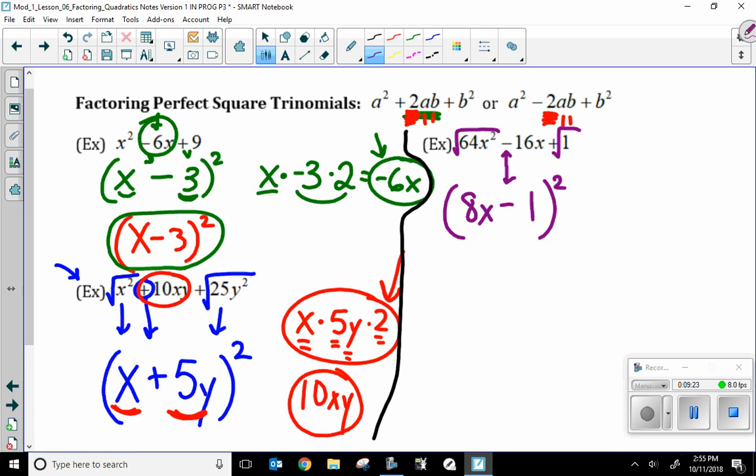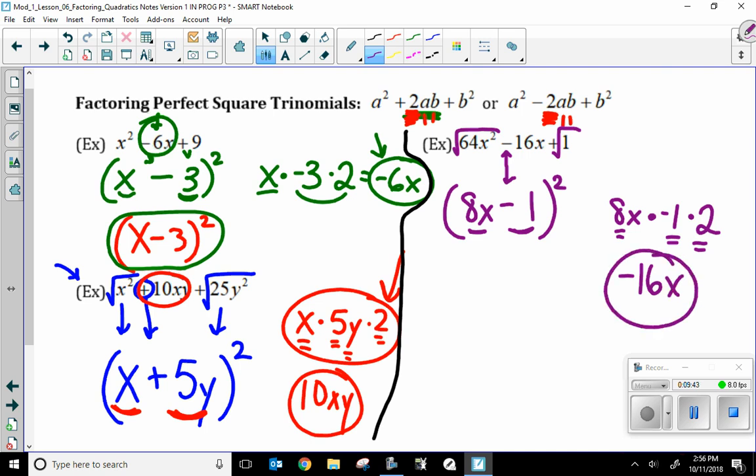I'm going to take my first term, 8x, multiply it times my second term, negative 1, and I'm going to double that. Negative 1 times 2 is negative 2. Negative 2 times 8 is negative 16x. Like a charm. I love it.